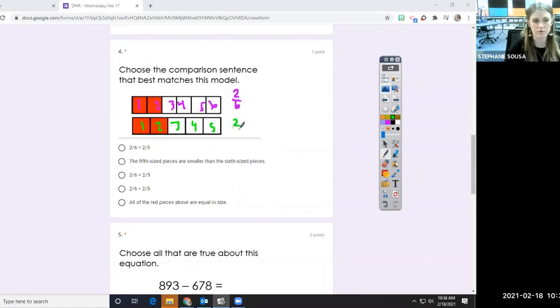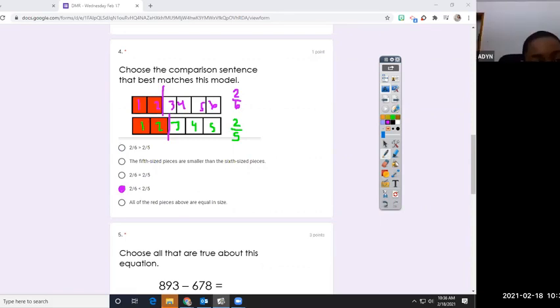This is 2/5. I am dealing with 2/6 and 2/5. I can see that 2/5 is longer. It goes all the way out here. 2/6 stops all the way right here. So 2/6 is less than 2/5. This is the best answer.